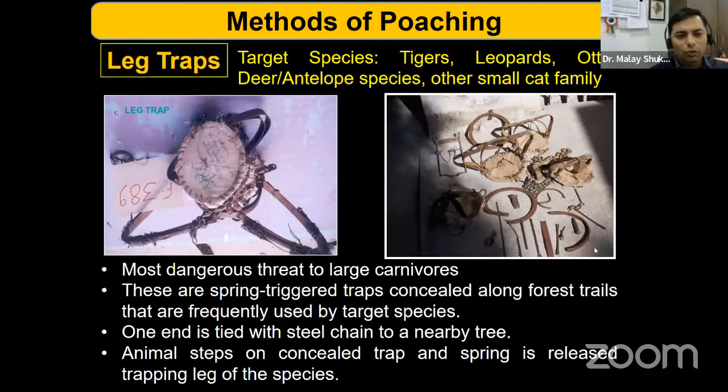Leg traps, like for tigers or lions or maybe snow leopard, though the cases are less reported for leg trapping of the snow leopard, are used for a few majestic species, right? As soon as the animal walks through, the paw of that animal gets trapped after it stumbles upon it, and then it gets entangled, and subsequently after trapping there is a huge roar.